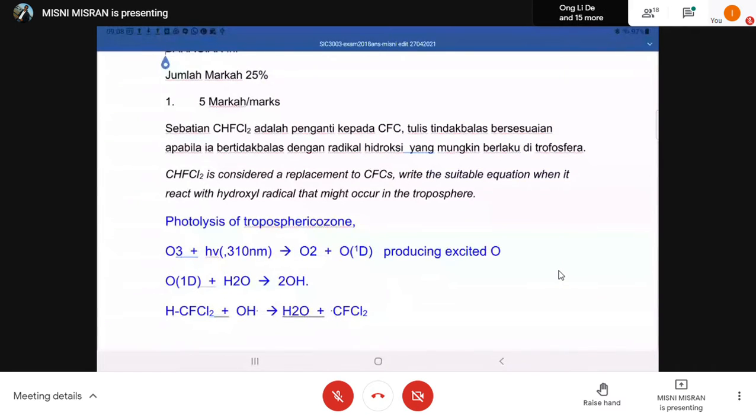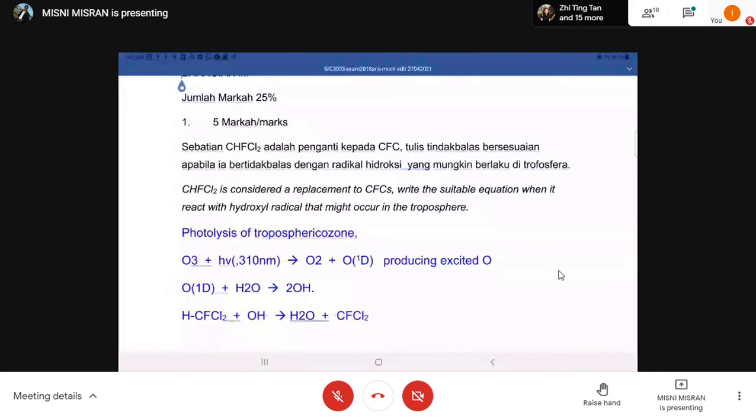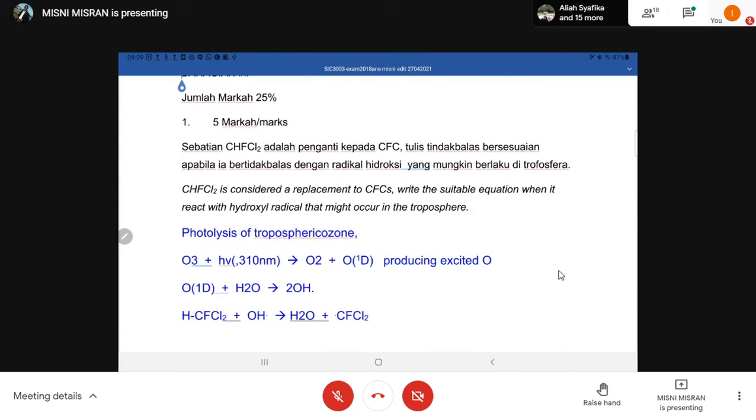here, how we generate the hydroxyl radicals. The first one is O3, subscript 3.